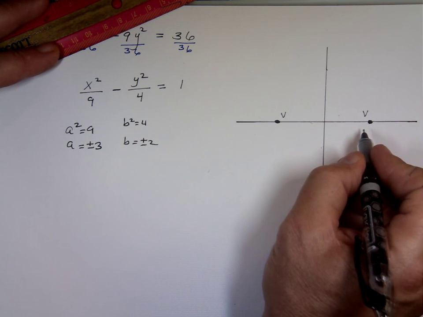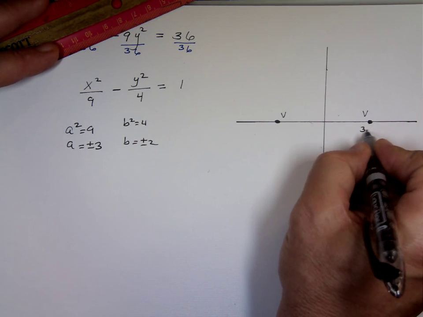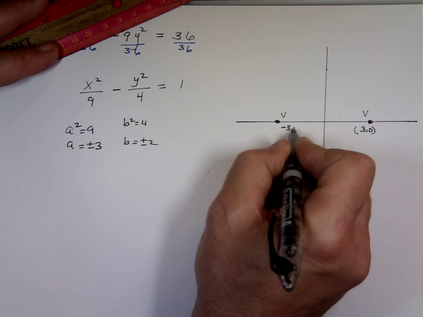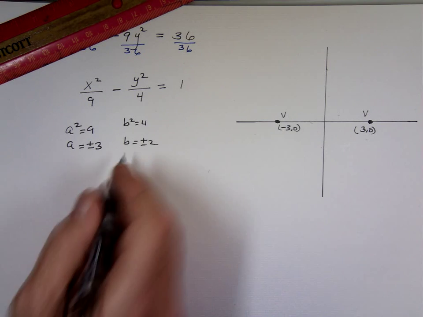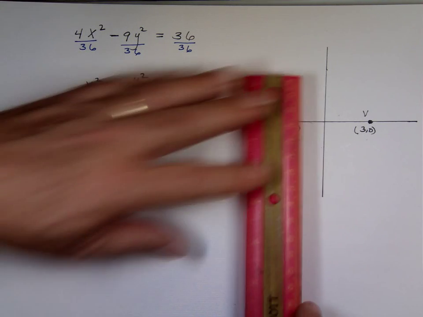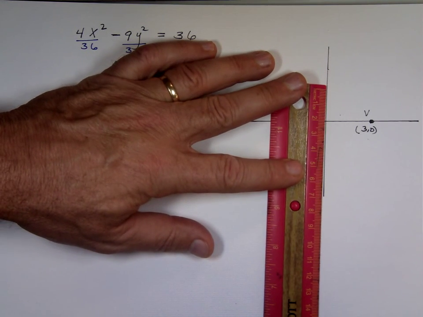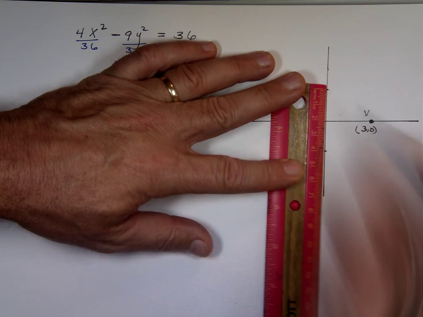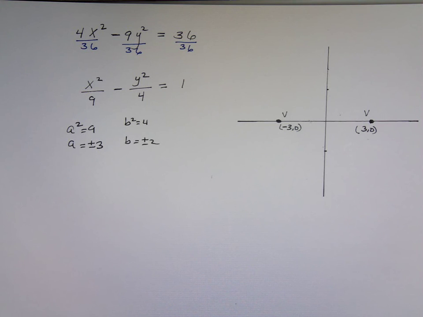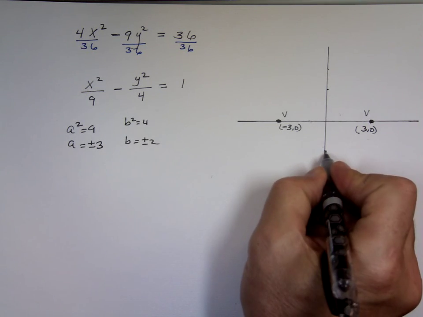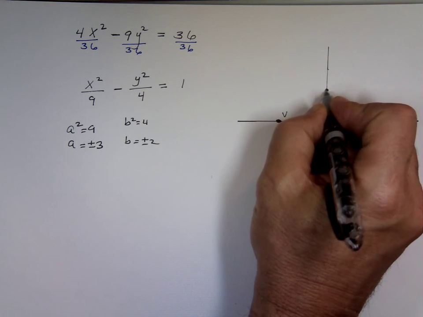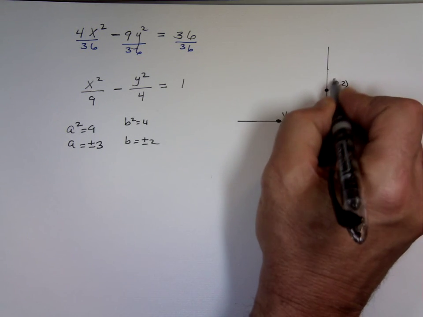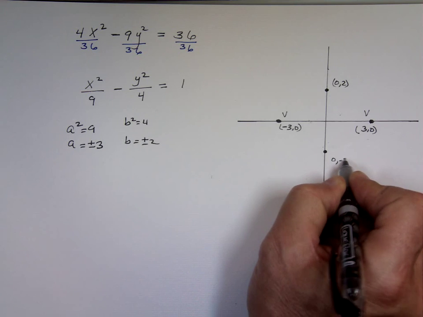We said 3 comma 0, negative 3 comma 0. Now b squared is what? 2? Go up 2 units and down 2 units. B squared is 4, b is 2, right? So that's these 2 points. 0 comma 2, 0 comma negative 2. And now make your box.